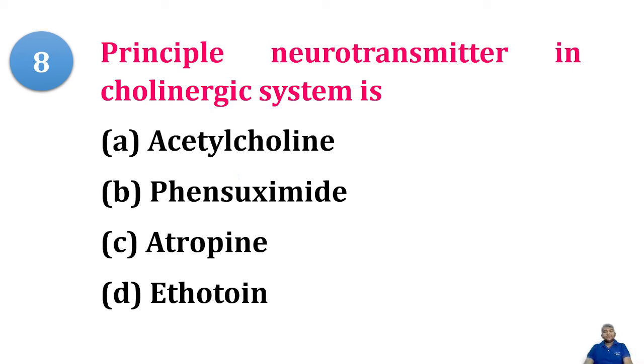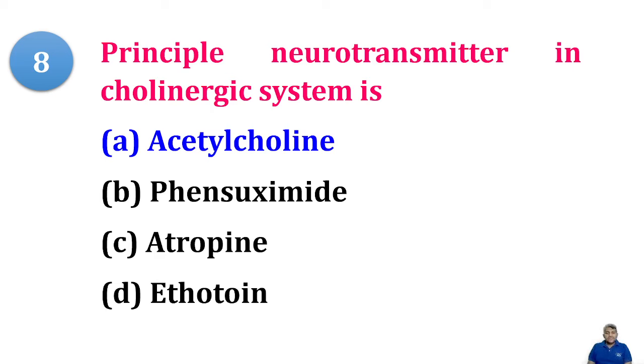Next, you have the principal neurotransmitter in the cholinergic system. Basically we have the parasympathetic and the sympathetic systems. The principal neurotransmitter in the cholinergic, or parasympathetic, system is acetylcholine. The presynaptic neuron is always releasing acetylcholine as the major neurotransmitter.